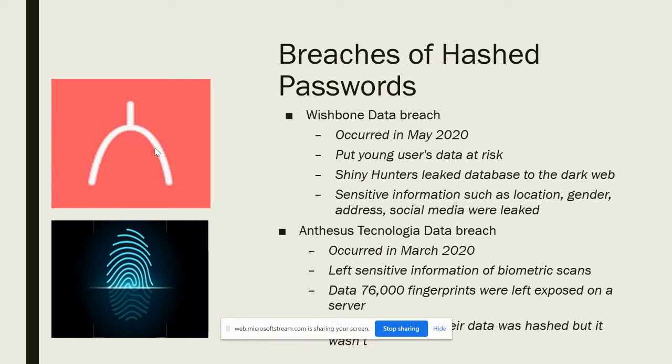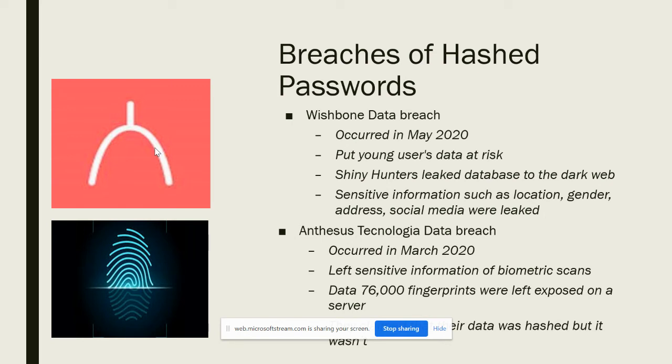Wishbone is a popular social media app that a lot of teens use, and in May, a group of cybersecurity analysts found that hackers were selling a database with over 40 million users. Their records and their data were then sold on the dark web.